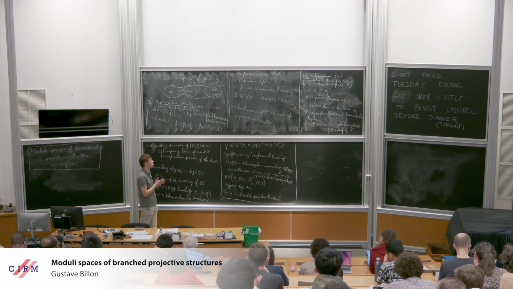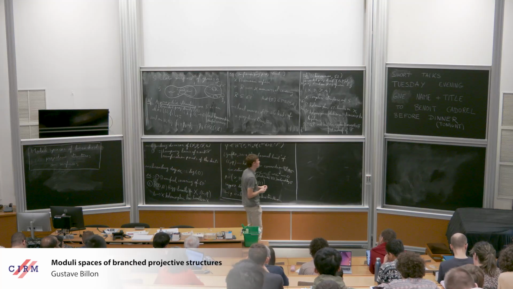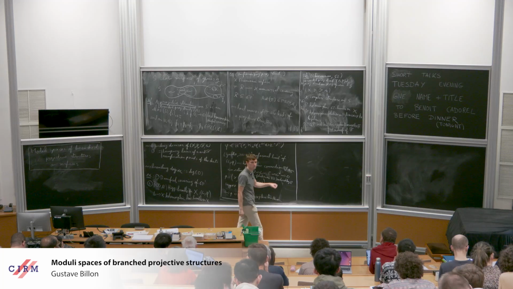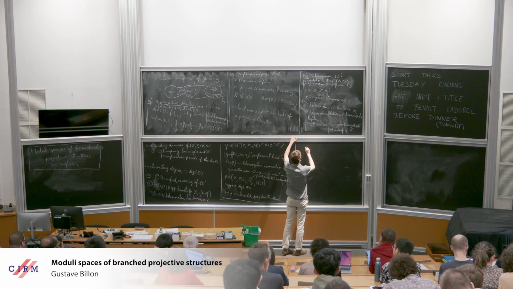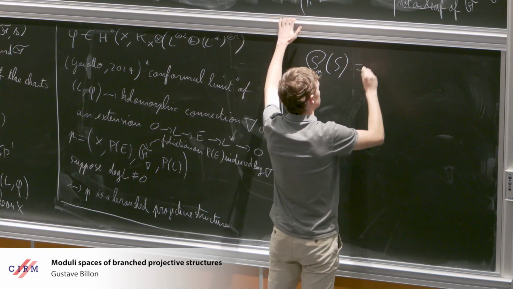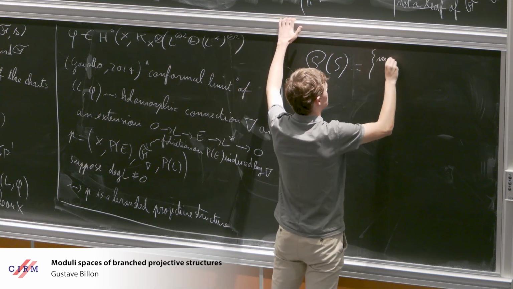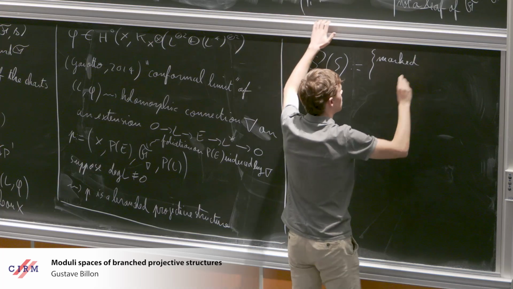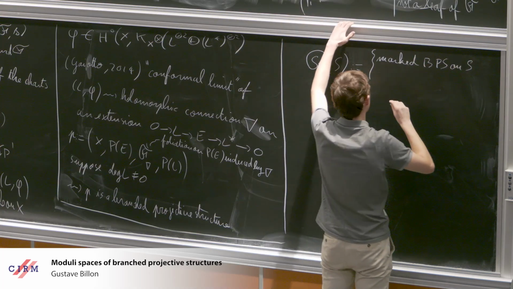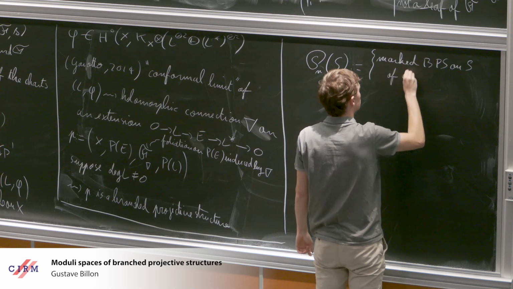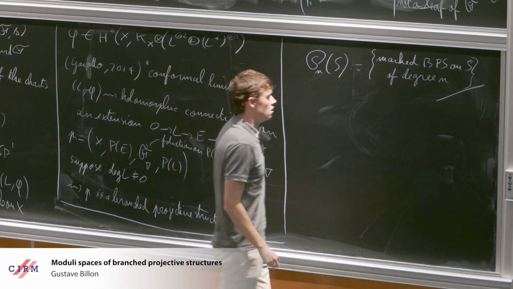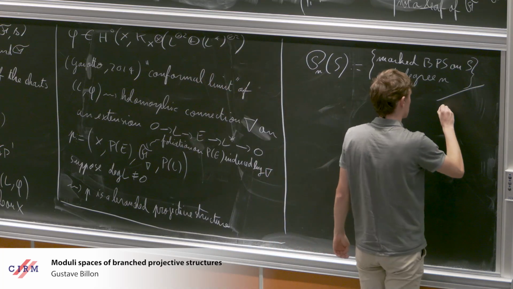Okay, so I'm done with the introduction, and what I'm interested in is the moduli space of these structures. So P_n(S) is the space of marked branched projective structures on S of branching degree n, quotiented by isomorphisms.